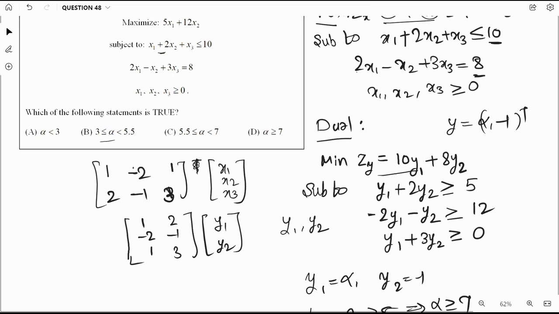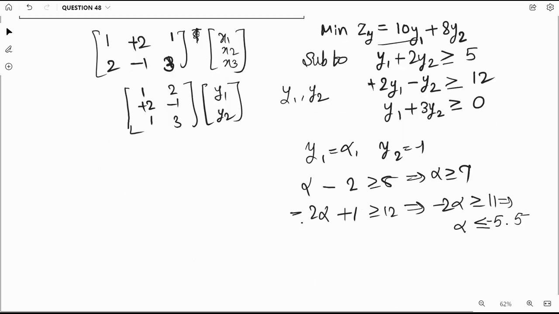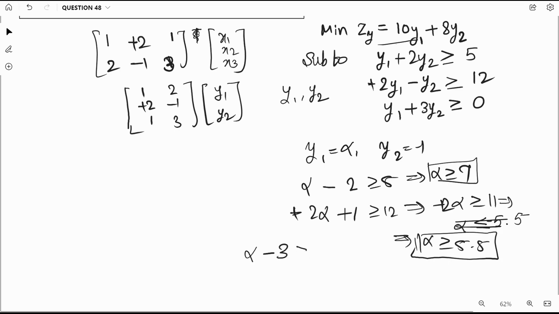So here plus twice y1, therefore this implies alpha greater than or equal to 5.5. Until now we have got two conditions on alpha. Now the last constraint, alpha minus 3 greater than or equal to 0, this implies alpha greater than or equal to 3. We have three conditions on alpha.